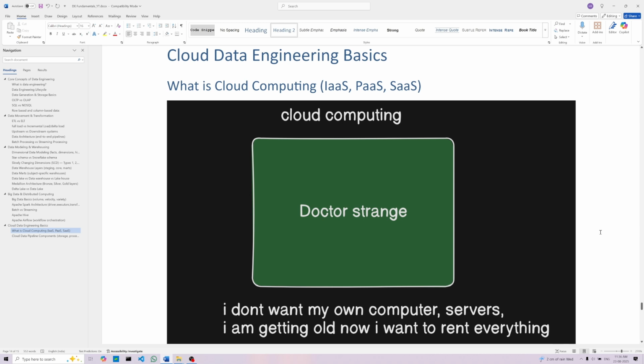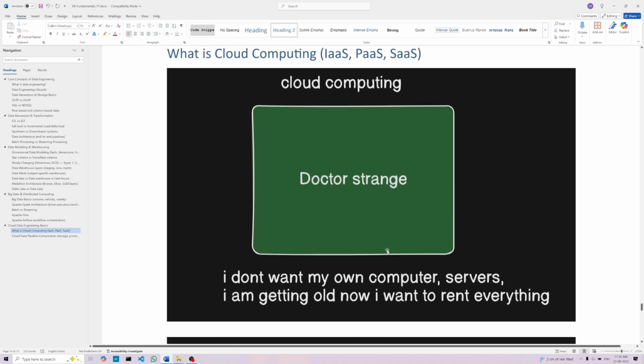Now next is, what is cloud computing? I will explain it very easily with this diagram. Doctor Strange, we all know Doctor Strange, right? If you have watched that movie.